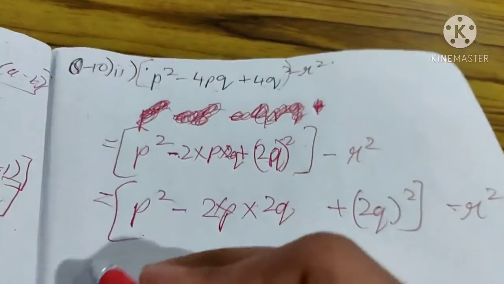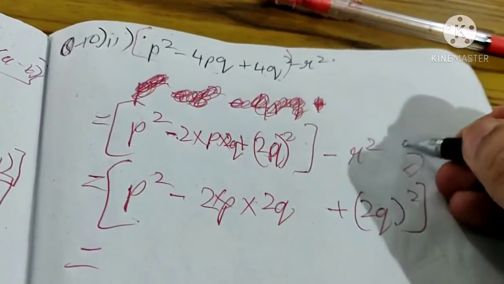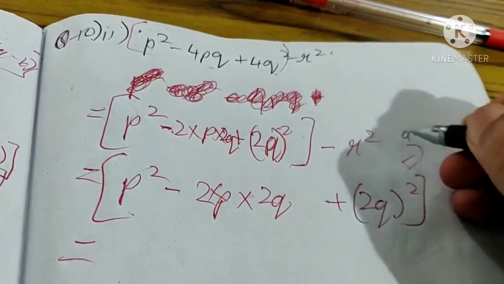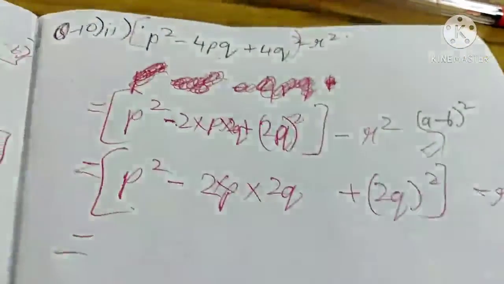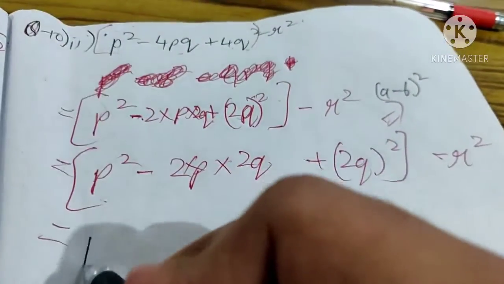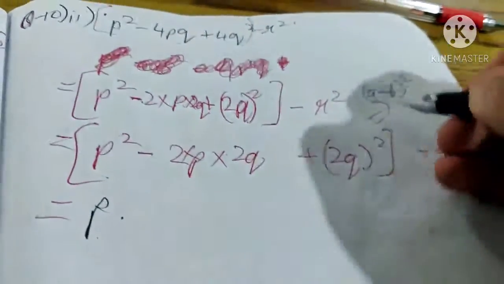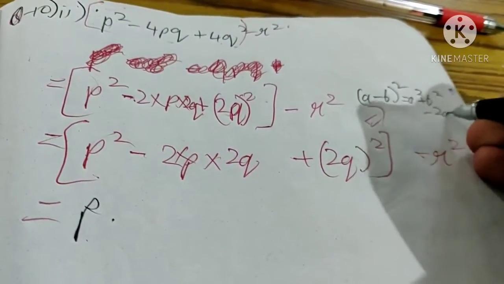So this can be written as a minus b to the power 2. So moving forward, it is first term a square plus b square minus 2ab.